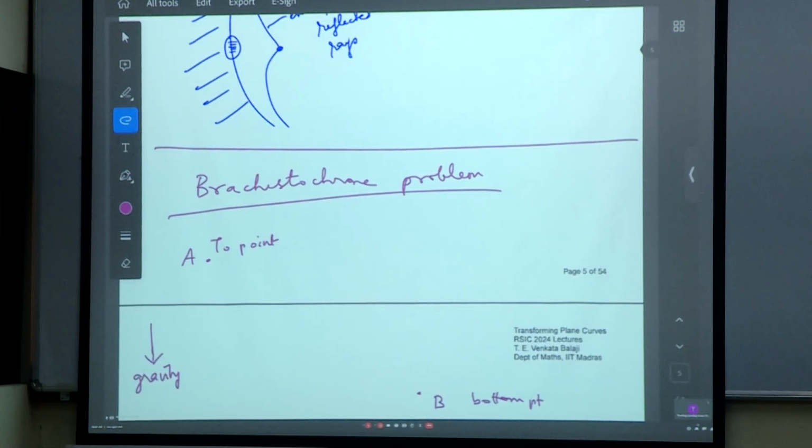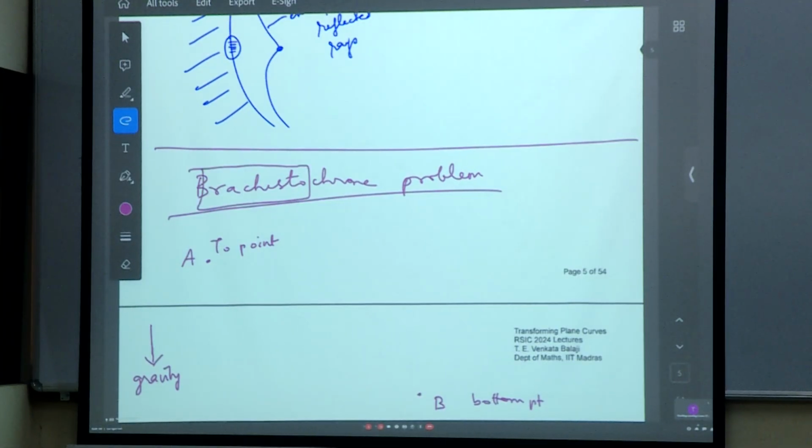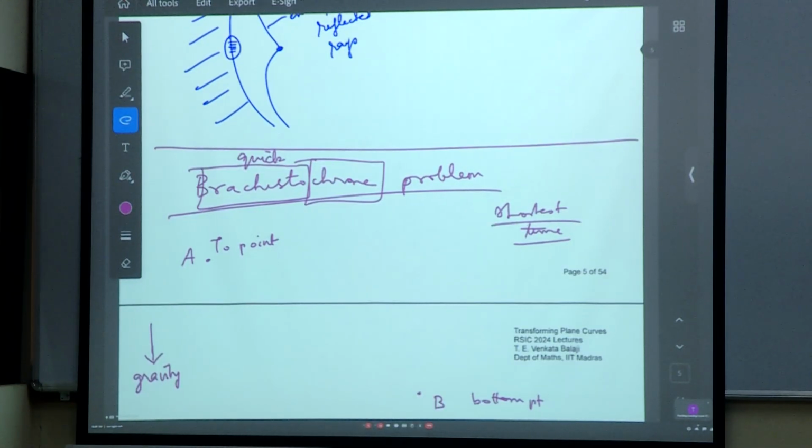The idea is to find a curve so that if you put a particle at the top point, it comes along the curve to reach the bottommost point as quickly as possible. Brachistos means quick, and of course chronos means time. So shortest time for a particle released at A to reach B.